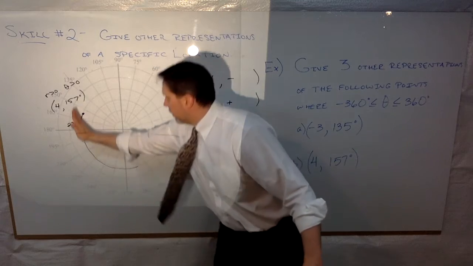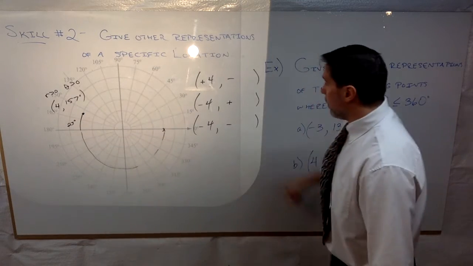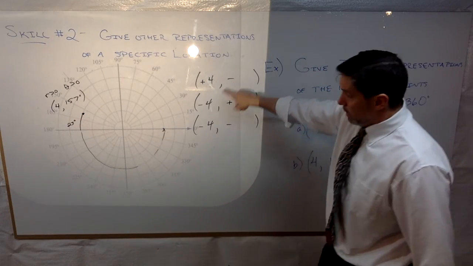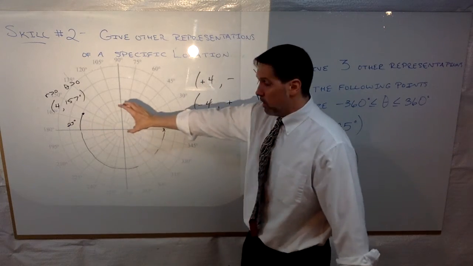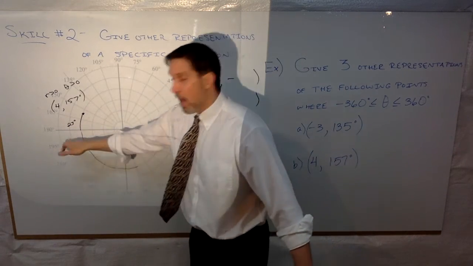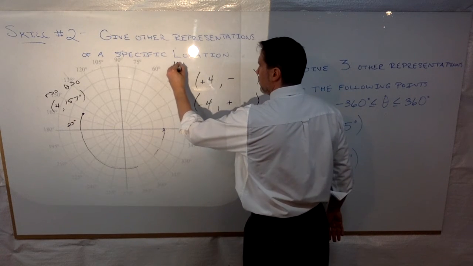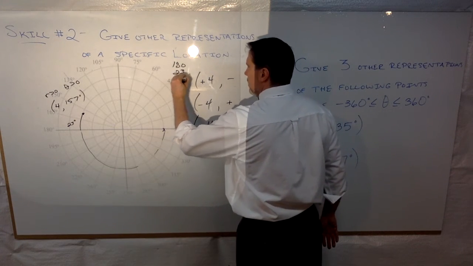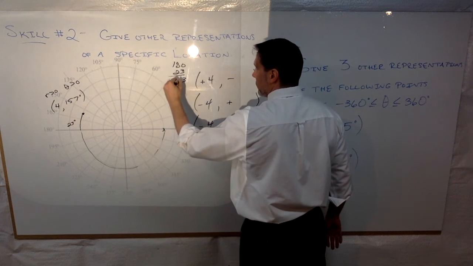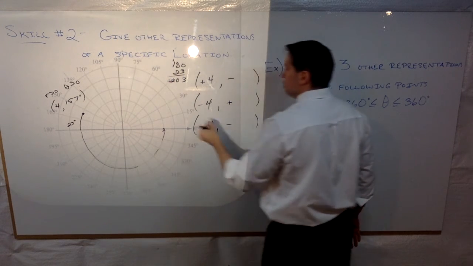We have to go all the way around back up to here in the clockwise fashion because it is negative. Now, that's why I put that 23 in there as the marker, because I know that's a half turn at 180, and 180 plus 23 puts me at 203.